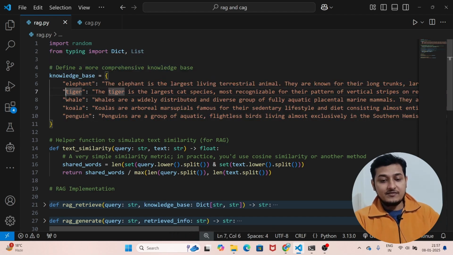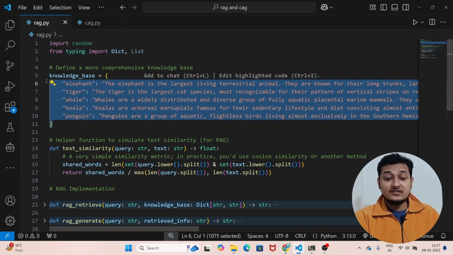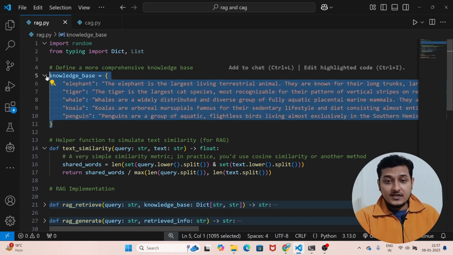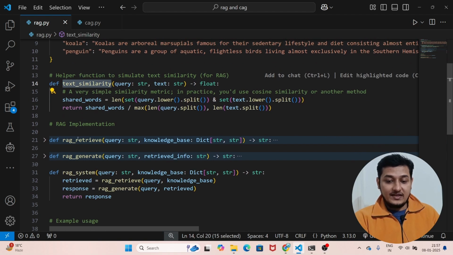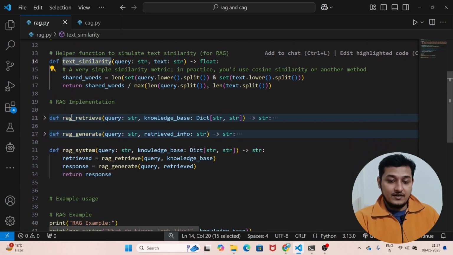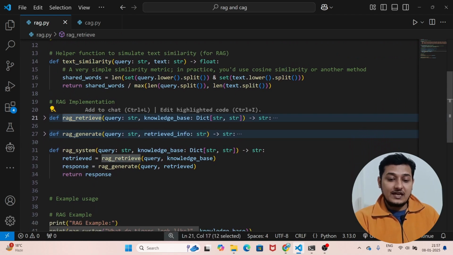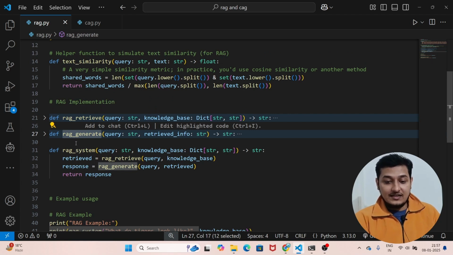For example, I have written this. In real time, this knowledge base can be a PDF or something else. And now I have prepared a function, here you see, to simulate text similarity. These are text similarity functions. And here are my rag retrieve function and rag generate function, and there is a rag system.